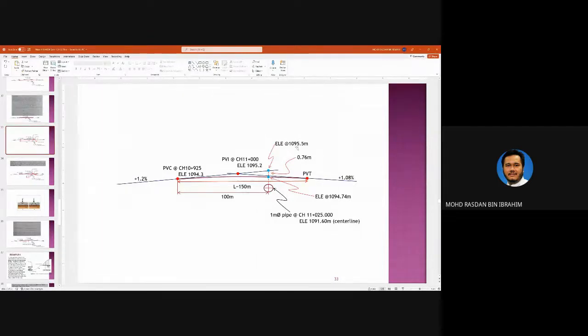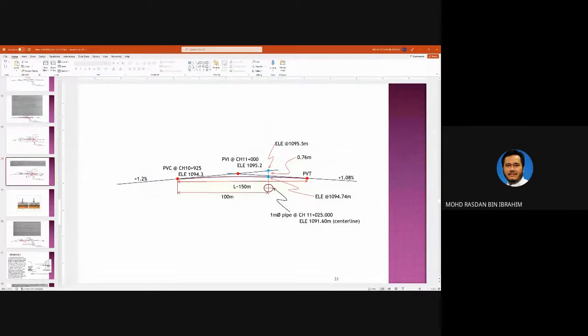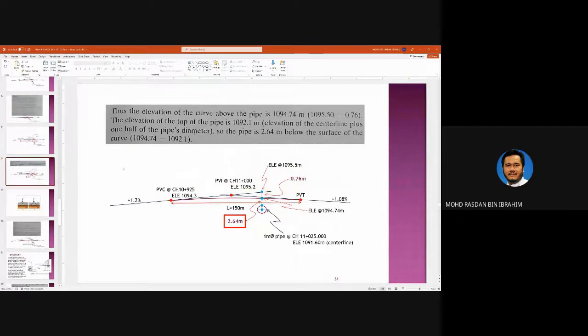This minus this, you will get the elevation 1094.74 meters. So now you know the elevation of the road above the pipe, like I mentioned earlier.